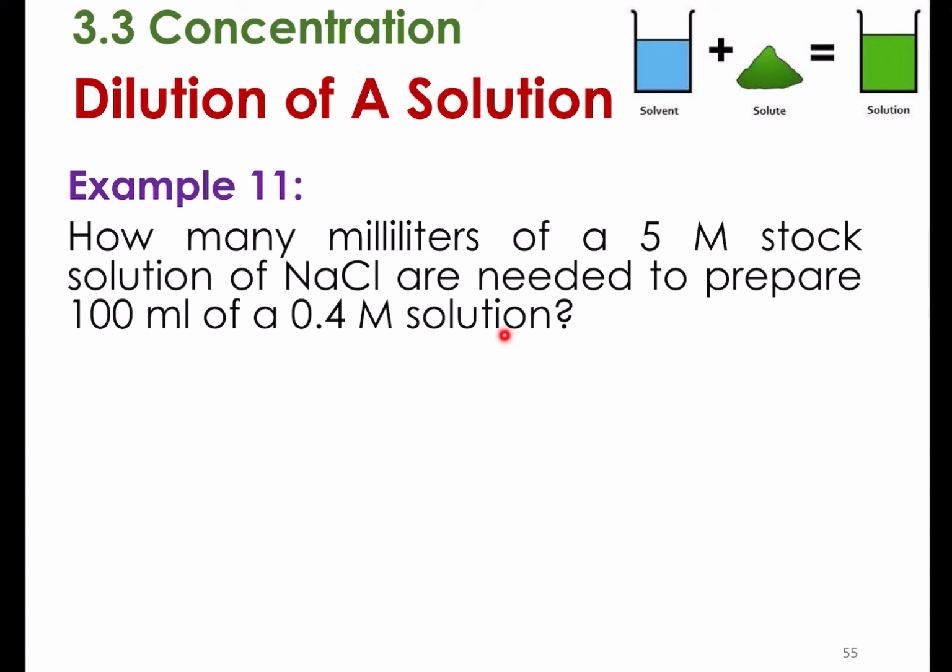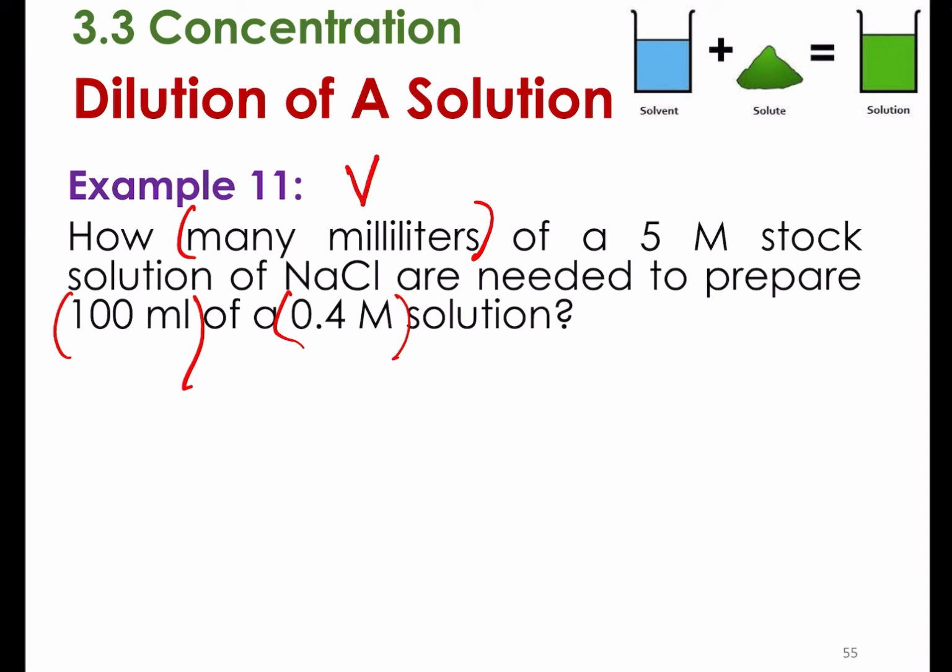For example, I have the phrase "to prepare", which means to prepare is my product, so it means after the dilution. So 100 ml and 0.4 molar is referring to after the dilution. And what I want to calculate is the milliliters, which means that it is the volume.